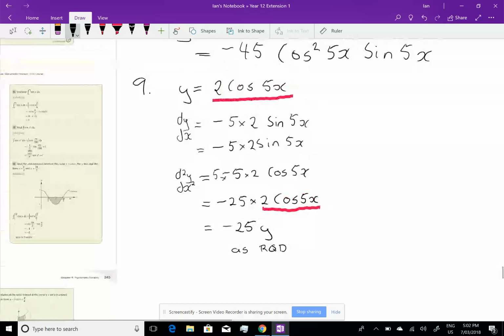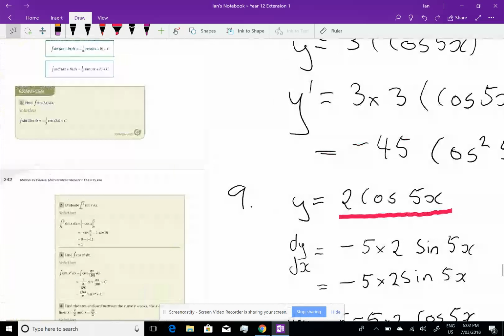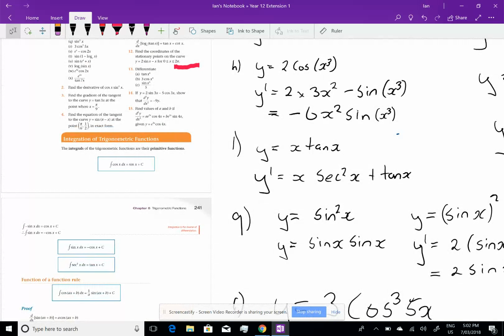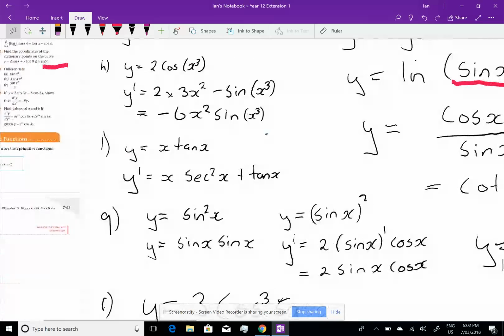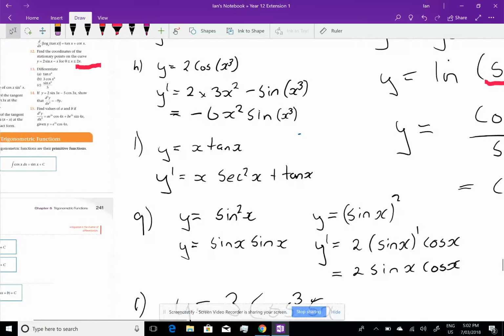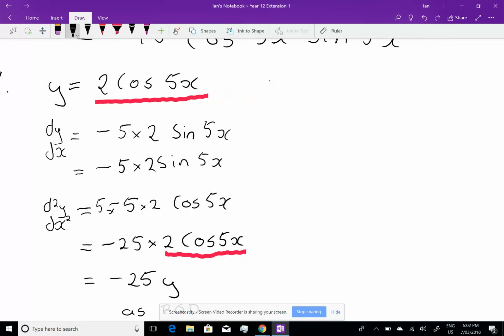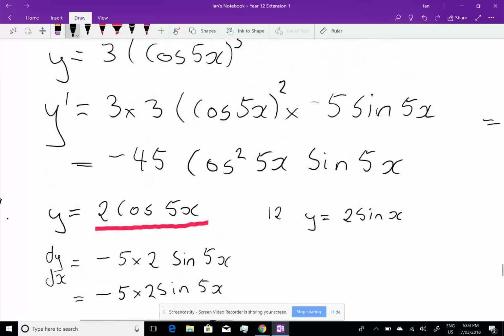Now, what did I say I'd do? I said I'd have a quick go at, I think it was 12. Find the coordinates of the stationary points. I could draw it, but I'll have a go. What do we got? Y equals 2 sine x minus x.